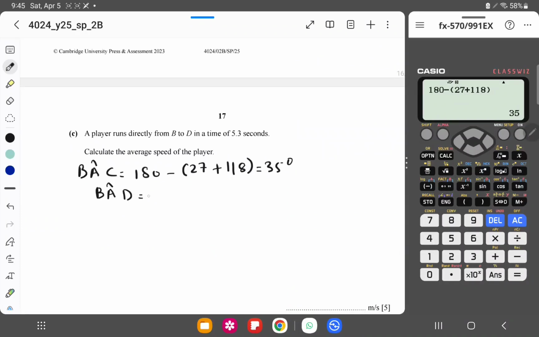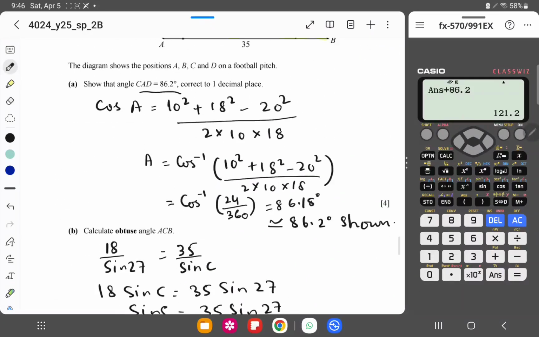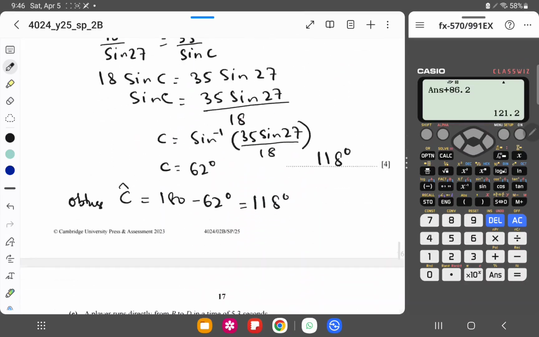BAD is equals to 86.2 plus 35. We are getting 121.2. So here I'm drawing this triangle again, DAB, wherever 10 and 35 are the sides.